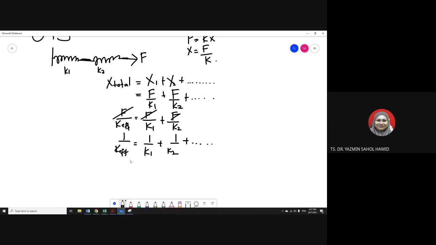This is the answer for the K effective for springs in series.